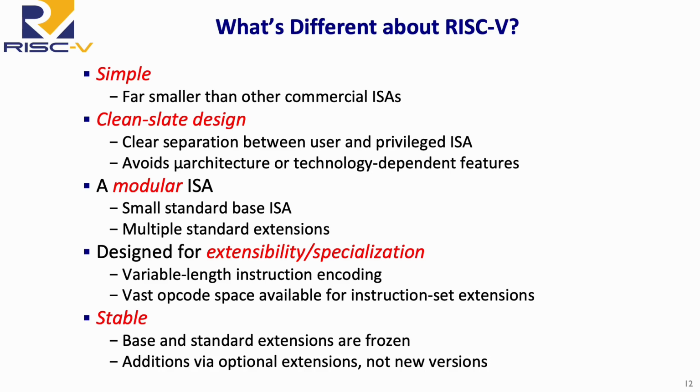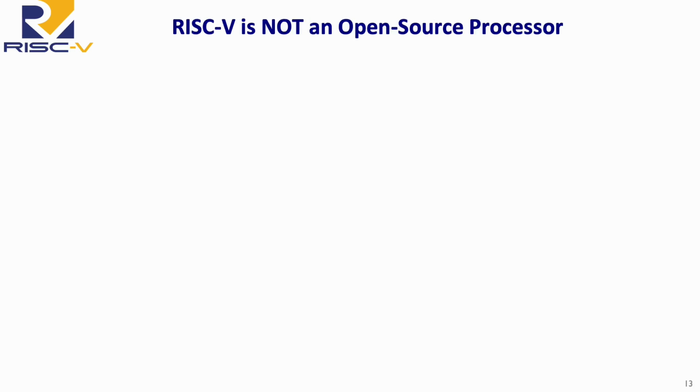And it's stable. They're doing a standardization effort, and the extensions are eventually frozen, and there are additions via optional extensions, not new versions, if you like, of the processor. In other words, if you've got a piece of code that's compiled for the base instruction set, it should run on any processor. So RISC-V is not an open source processor, it is an instruction set specification, an ISA specification.